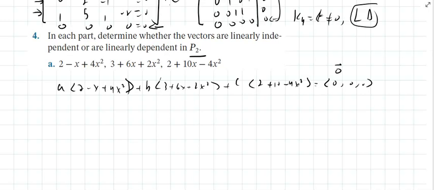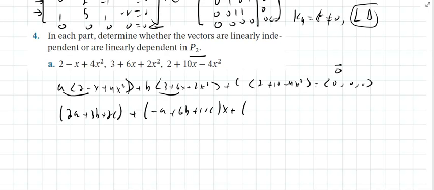When I multiply this, I'm going to get with the constant coefficient, which is 2a plus 3b plus 2c, plus a negative a plus 6b plus 10c times x, plus that was a 4x squared plus, if I want the x squared, that's 4a plus 2b and minus 4c, and all of that equals the 0 vector.